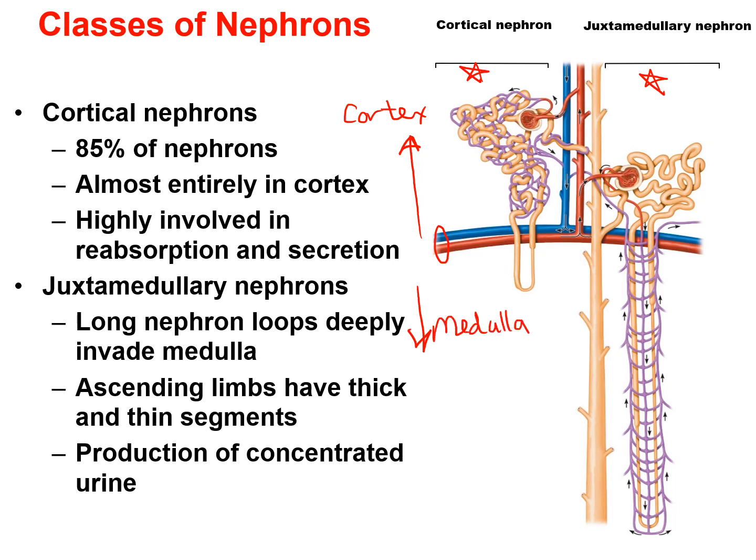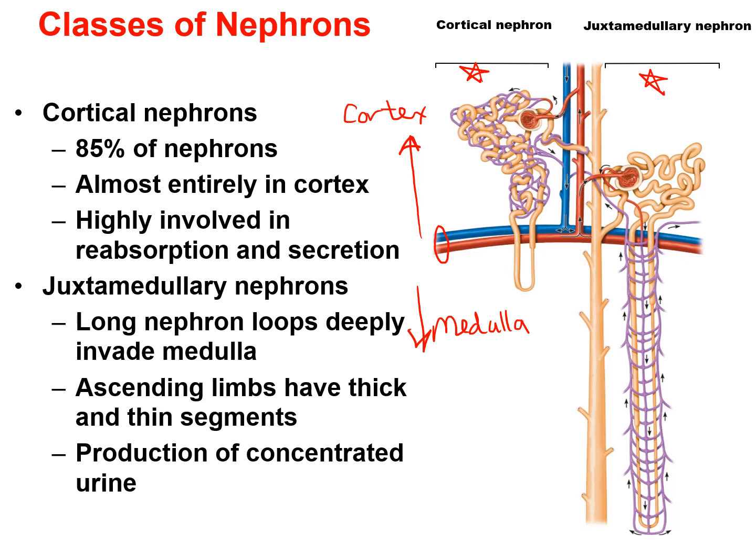So if you look at your cortical nephron, the majority of the components of the nephron are located in the cortex. This is going to include your renal corpuscle, which would be your glomerulus and your glomerular capsule, and then two components of the renal tubule, the proximal convoluted tubule and the distal convoluted tubule.